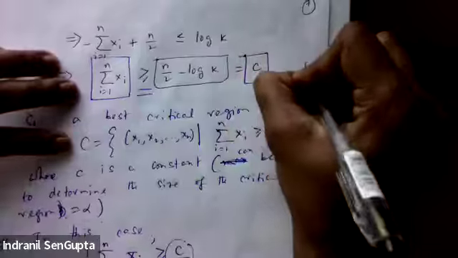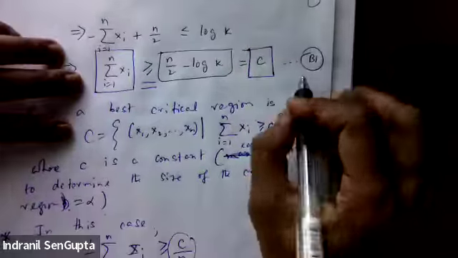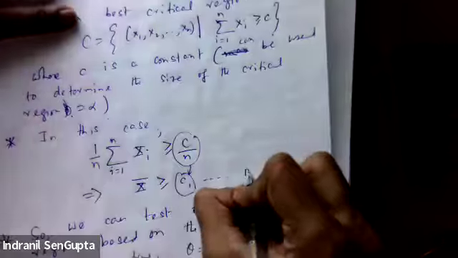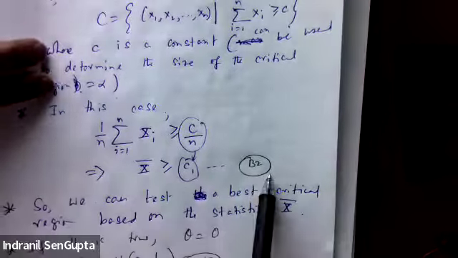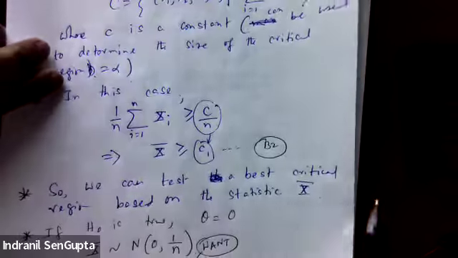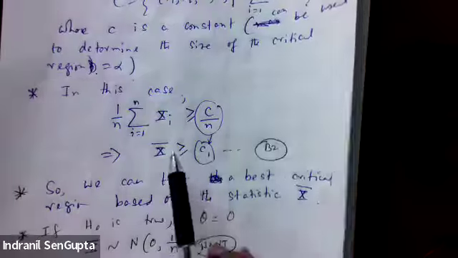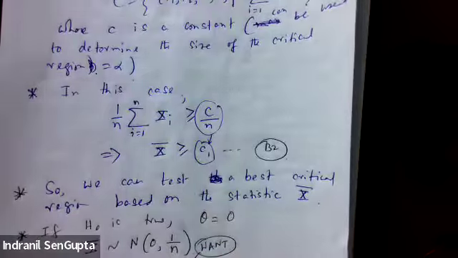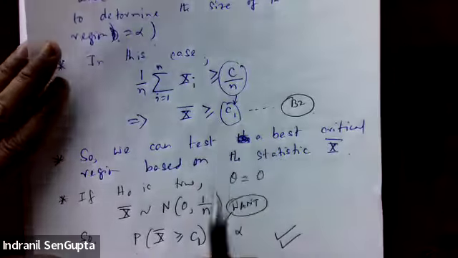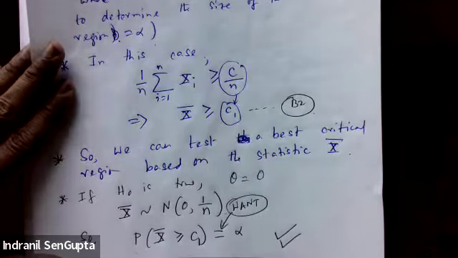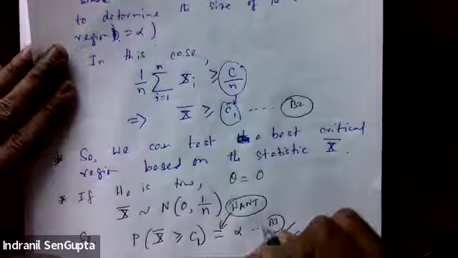So this is, let's write, B1, and then we transform this B1 to B2. In order to have a best critical region, X bar must satisfy this one. This is the critical region, and in that region, I'll be rejecting the null hypothesis. The probability of the critical region is called the size of the critical region, and that is alpha. That is something we want, right? So this is, let's write, B3.